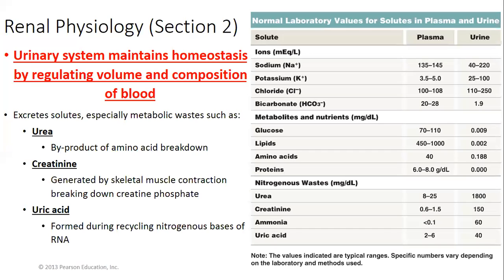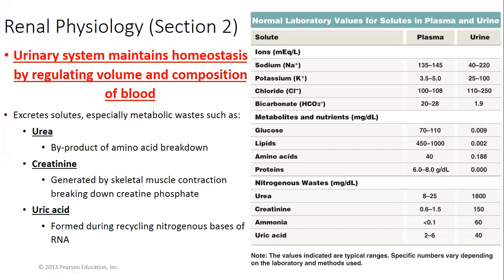So there's a chart here that shows you what normal values should be in the plasma versus in the urine. I won't test you on these values, but it can be really helpful. For example, glucose in the plasma should be about 70 to 110, whereas in the urine, it should be less than 0.1, less than 0.01.